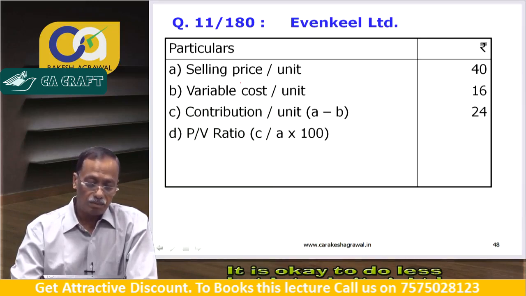D, PV ratio, C divided by A, that is 60%.